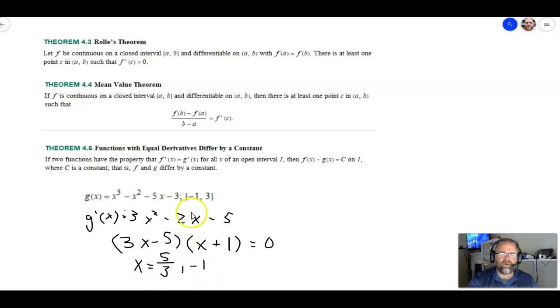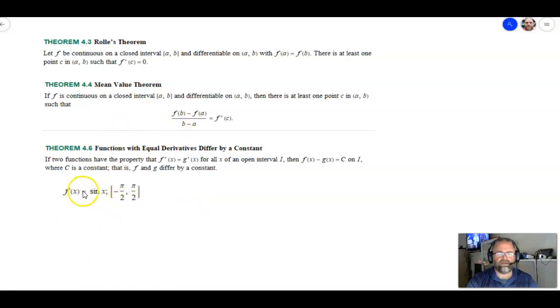Well, the -1 is actually an endpoint, so we don't count that because we're saying inside here, but we do have the 5/3. So here we only have one value in our interval where the derivative is equal to 0, and that's at 5/3.